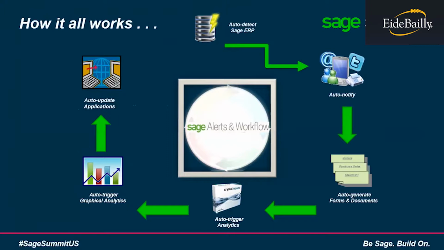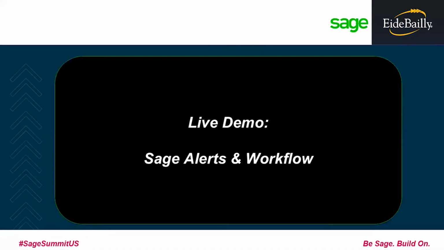And I do want to mention that currently we are at version 9 of Sage Alerts and Workflow. We are on the cusp of releasing version 10. Version 10 has been in the hands of our beta partners, including my colleague here at Eide Bailly, Michelle Forsey. But when we show you the application, we're going to show you a little bit of the current release, version 9, and then a little bit of version 10 as well, just to whet your appetite for the new version that's coming.